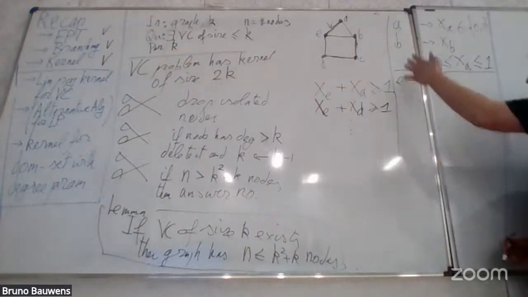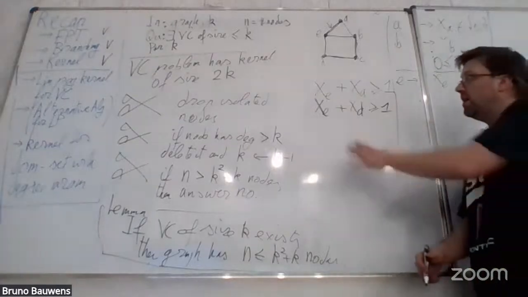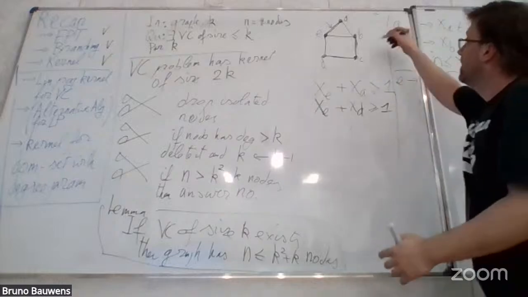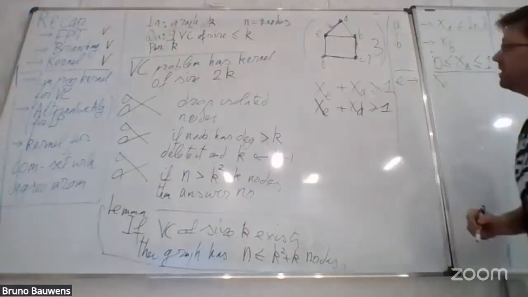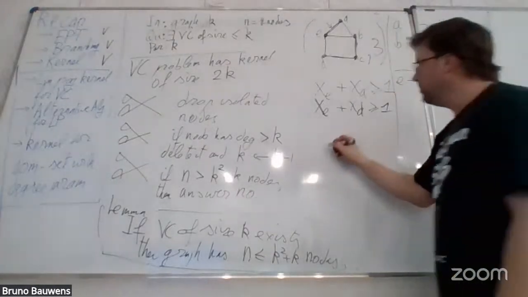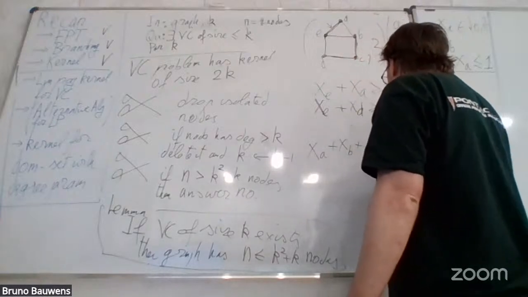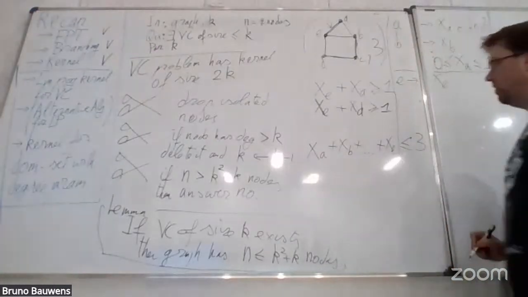So now, after we write down all these inequalities, we should understand it has a solution if and only if a vertex cover exists. The input will also be a number, and we need to require that the size of the vertex cover is at most 3. That means xa plus xb plus and so on plus xe is bounded by 3.